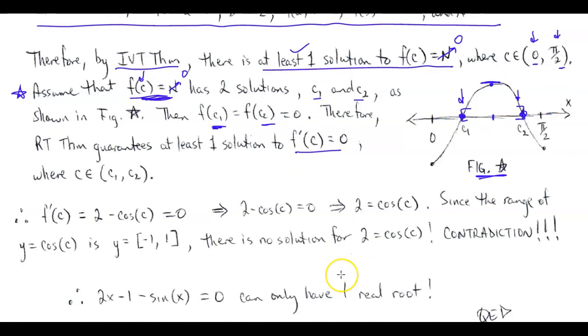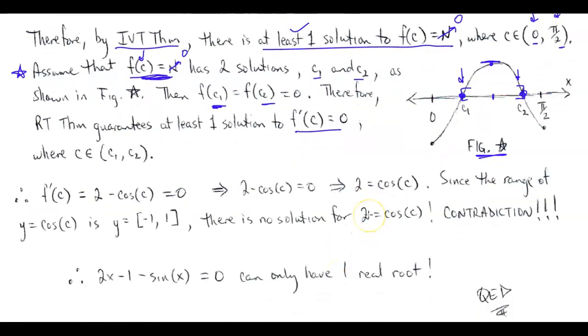So what we do is we take the derivative of our function. Remember, our function here is 2x minus 1 minus sine of x. So I'm going to let x equal c, and I'm going to take the derivative of it. Of course, the derivative of 2x is just 2. The derivative of the constant minus 1 is just 0. And the derivative of minus sine is going to be minus cosine. So I have the situation here, set it equal to 0.